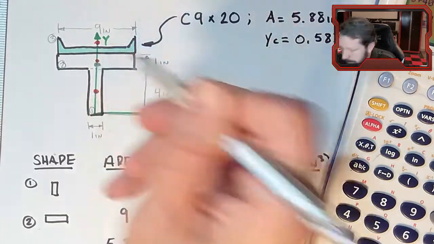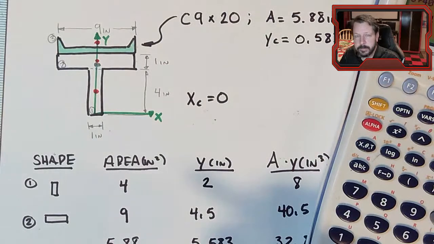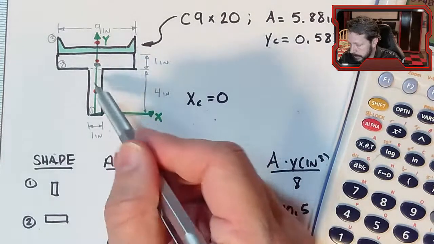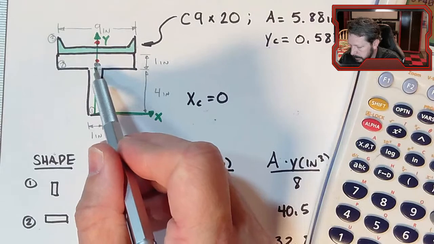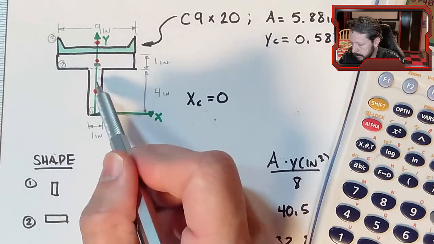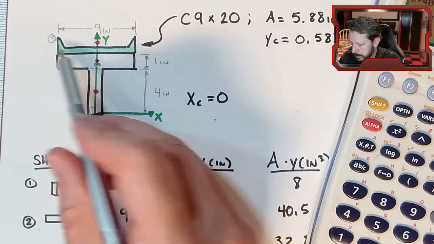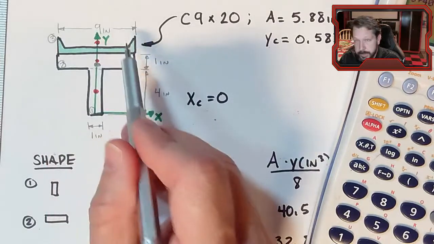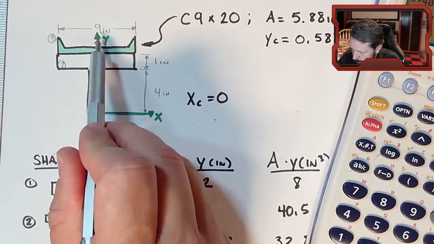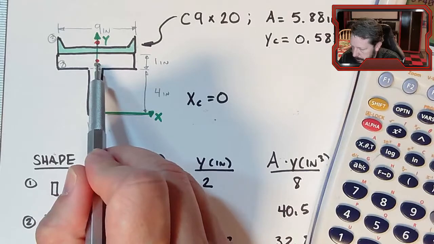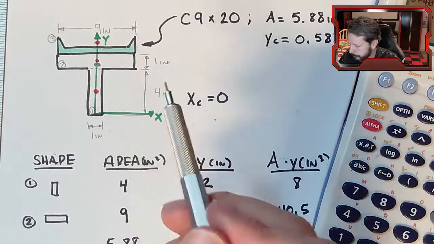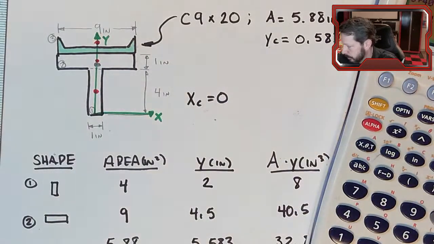So that makes sense. Normally the centroid for a T-beam is somewhere just beneath this junction between the flange and the stem. But we slapped on this channel beam, which pulled that centroid up higher, and now it's kind of in the middle of the flange somewhere, and that makes sense. This number seems reasonable.